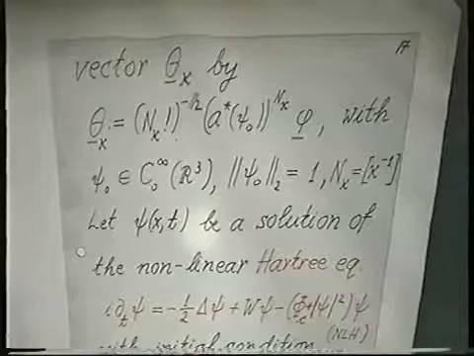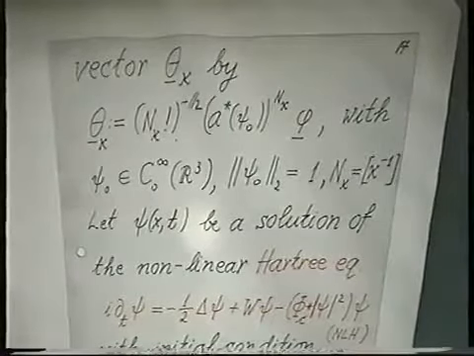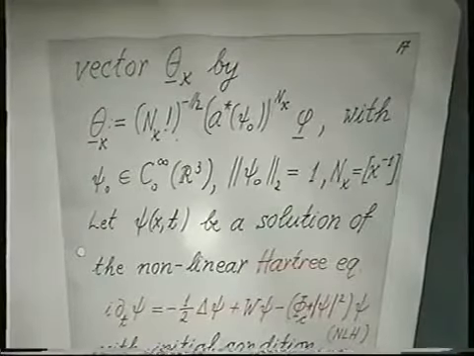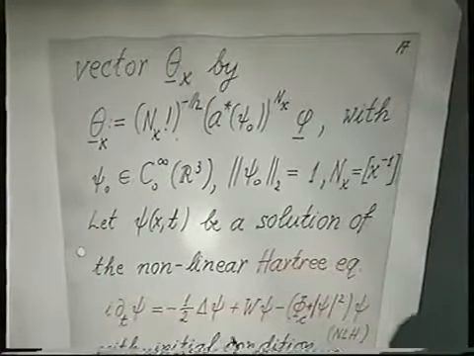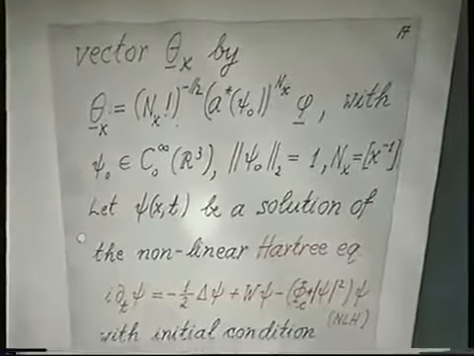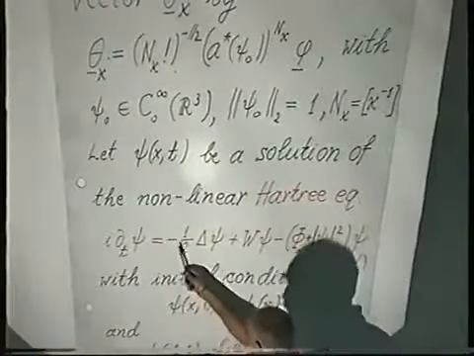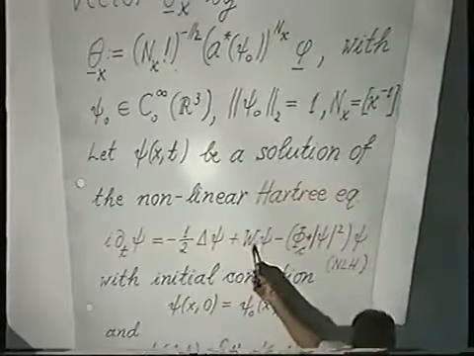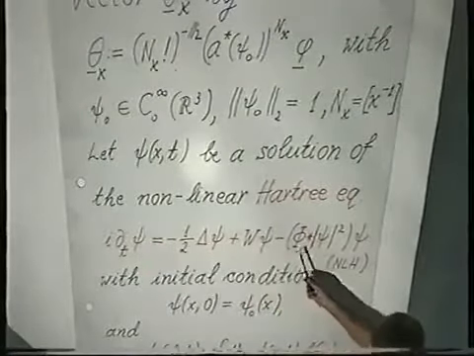Let's now look at the nonlinear Hartree equation. Let psi of x and t be a solution of the nonlinear Hartree equation, which is simply a nonlinear version of the one-particle Schrödinger equation. It is i d_t psi equals minus 1/2 Laplace psi plus w psi. This was the external potential acting on the particles.